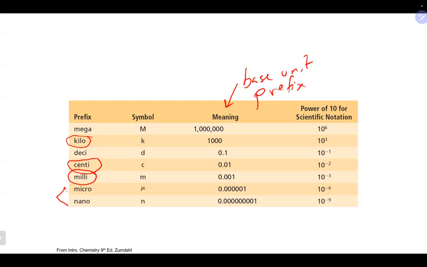And what that means is, as we saw on the previous page, if you had 1 centimeter, that would be 0.01 meters. So meters here is the base unit on both of them. Centimeters is the prefix unit.